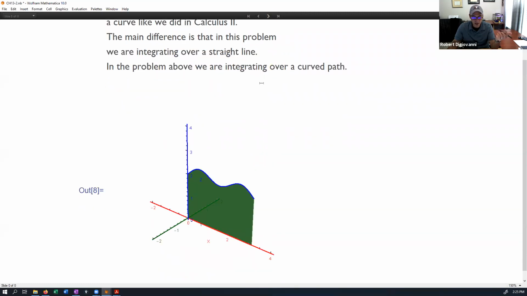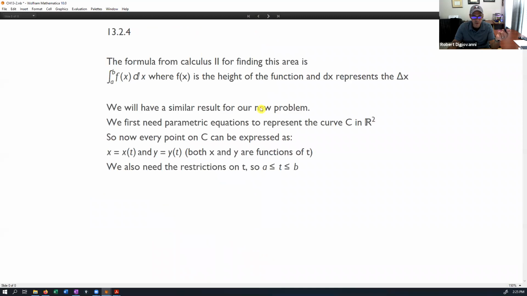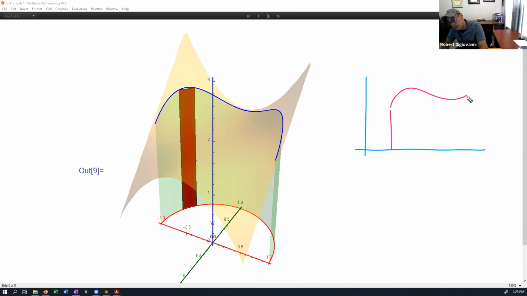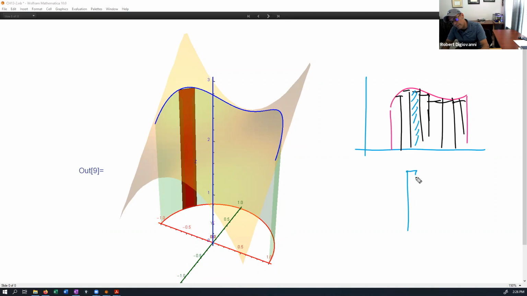But the setup is kind of the same. When you look at the Cal 2 problem, we took the curve, we did these Riemann sums, all these rectangles, and we added them up. And we said, if we look at just one of these rectangles, here's one of them.